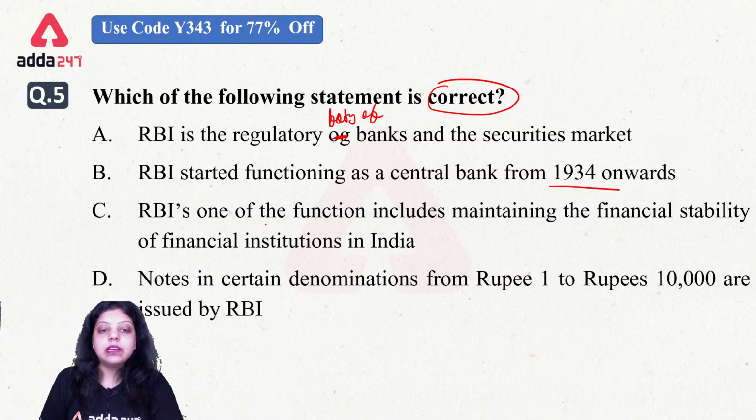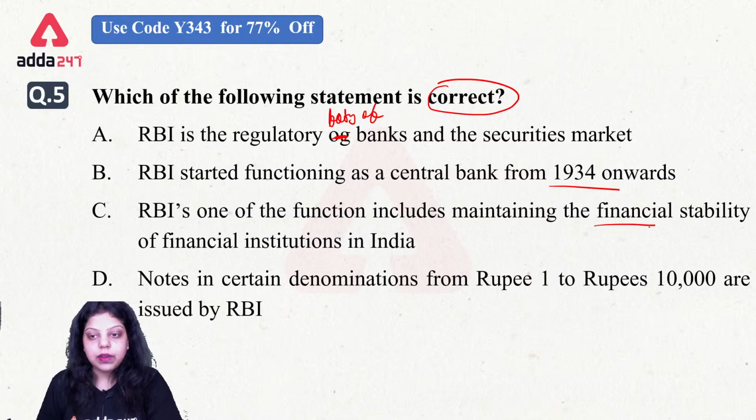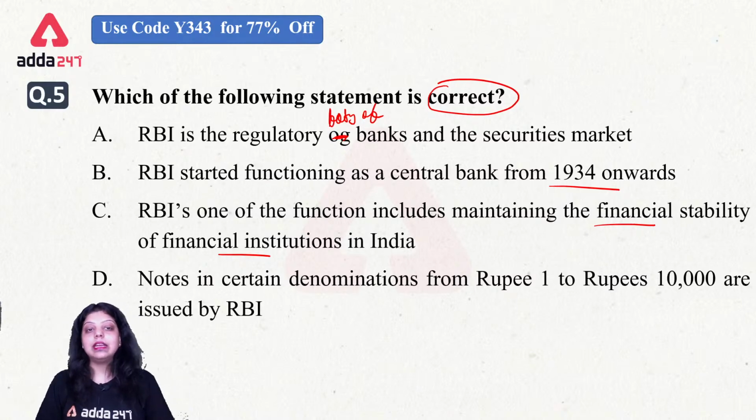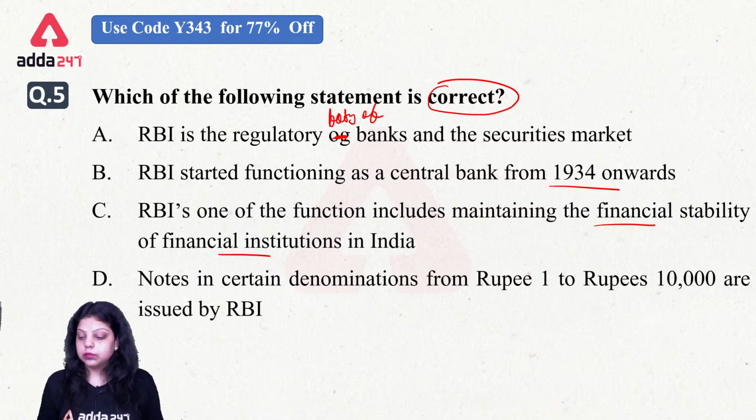Third is saying RBI's one of the functions includes maintaining the financial stability of financial institutions in India. Fourth option is saying notes in certain denominations from rupee 1 to rupee 10,000 are issued by Reserve Bank of India. Which of the following statements is correct about RBI's function? First, second, third or fourth?